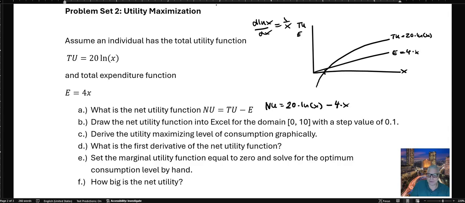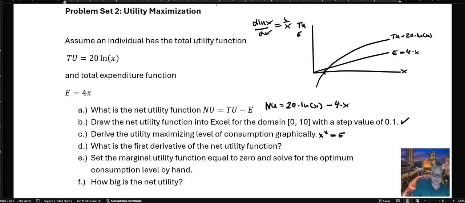So we drew the net utility function. Now derive the utility maximizing level of consumption graphically. We just did that, and we saw that the optimum level, x star, is probably at 5. But what is the first derivative of the net utility function?